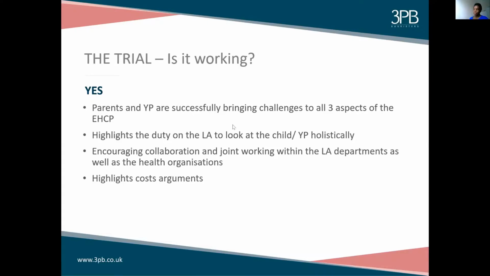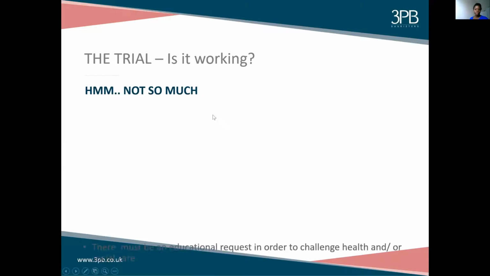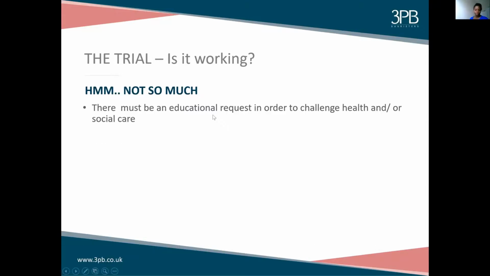But for as much as the national trial is working, there are unfortunately ways in which it isn't working. There is the fact that you fall out of the appeal system, the national trial, if you resolve the educational aspects of the appeal.